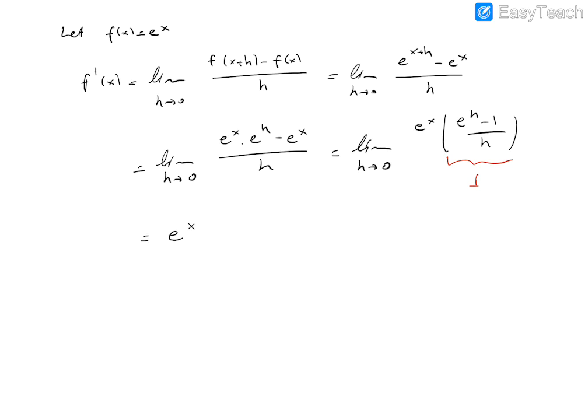Okay, and we can show the derivative of the ln x function. So let f of x be ln x. So the derivative of ln x is the limit as h goes to 0 of f of x plus h minus f of x over h.